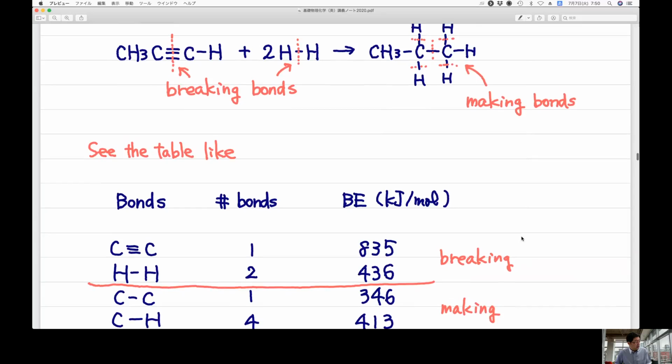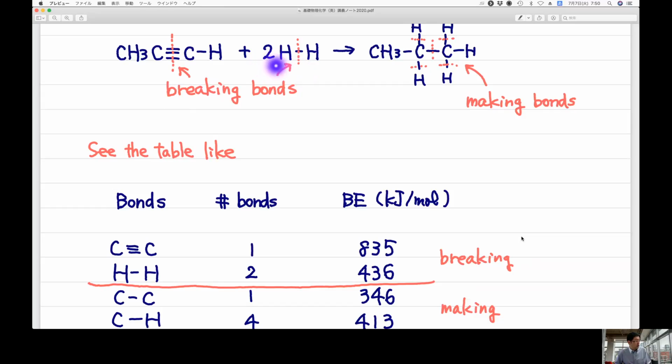And in the case of this chemical reaction, okay, we need to cleave one triple bond, and one HH single bond.